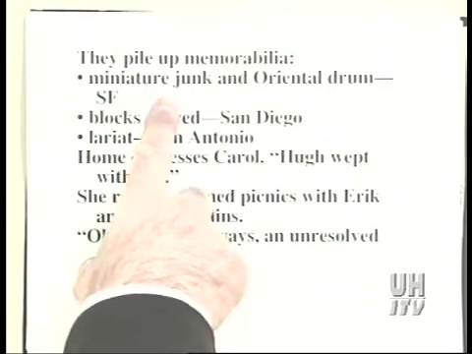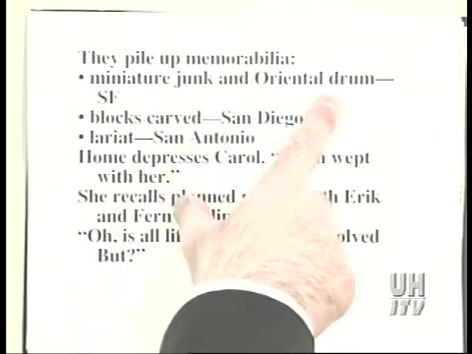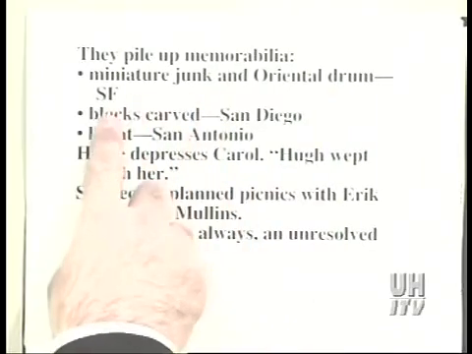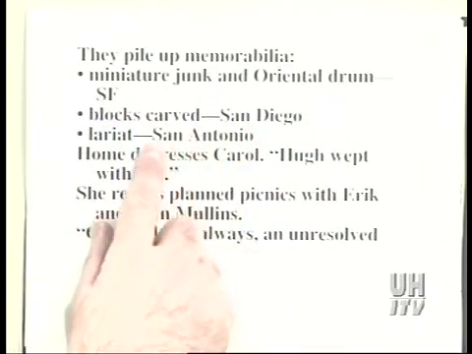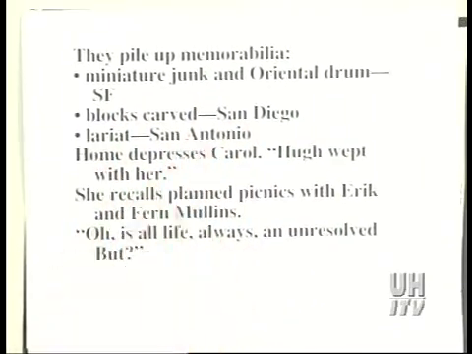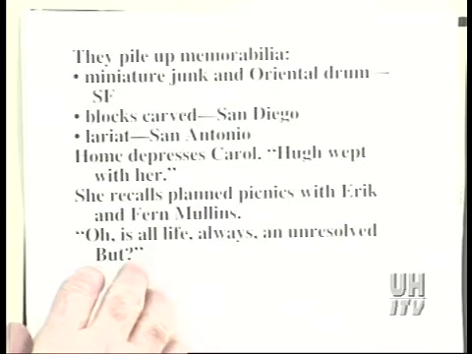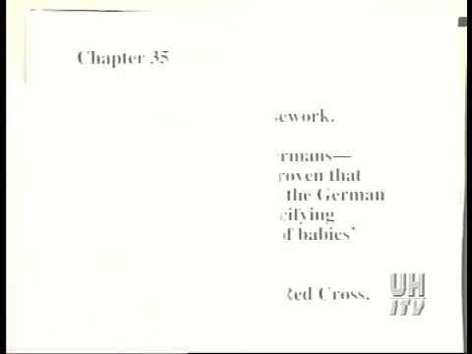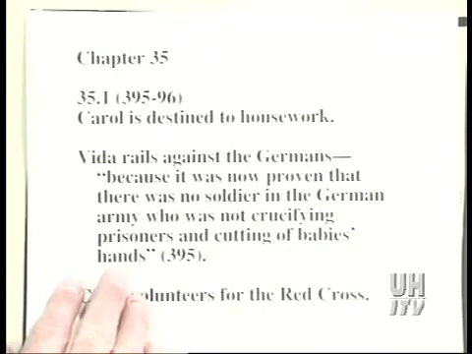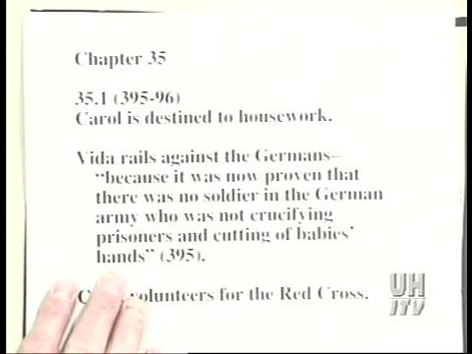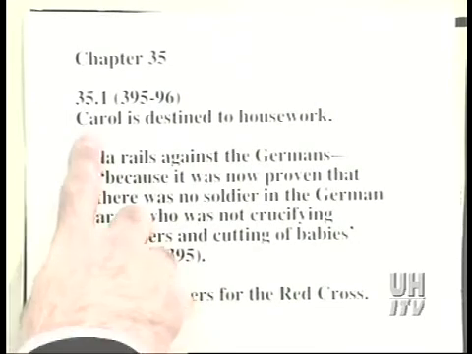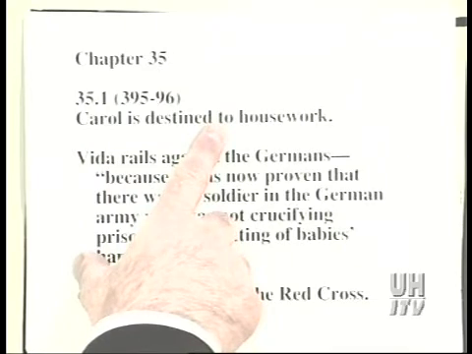They've gathered miniature junk in an oriental drum from San Francisco, blocks carved in San Diego, a lariat in San Antonio, and all these little knickknacks, the knickknacks of tourists. They don't give her the peace she's concerned about. Carol is destined to housework.